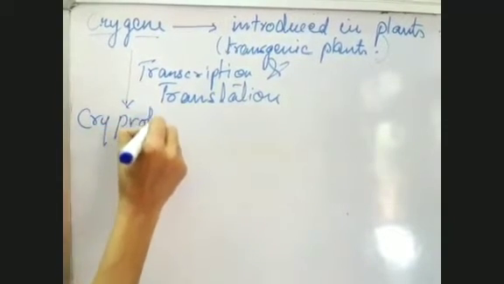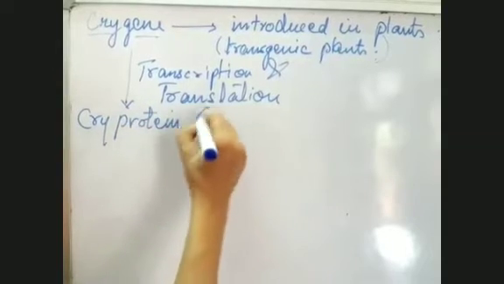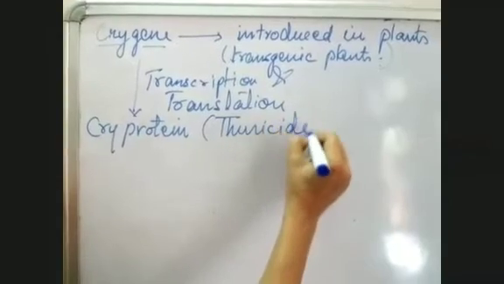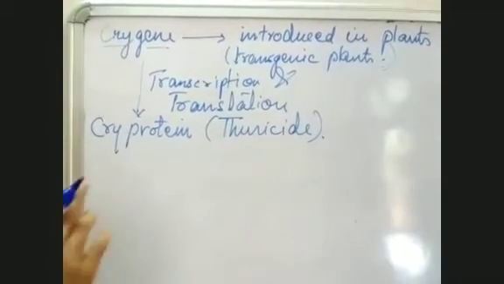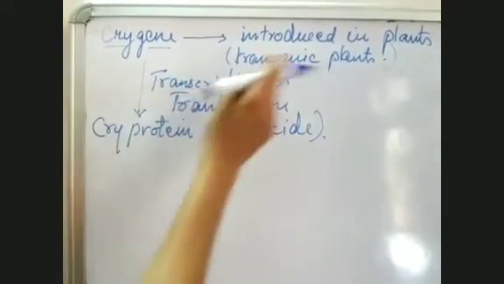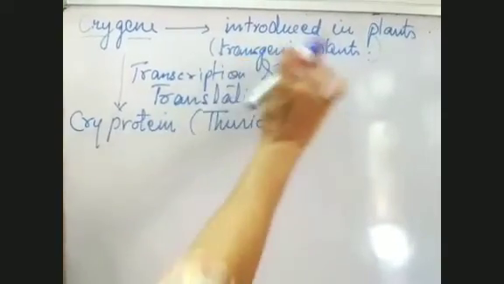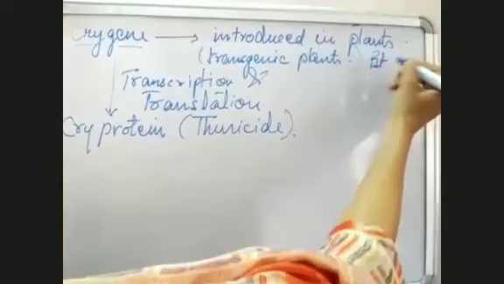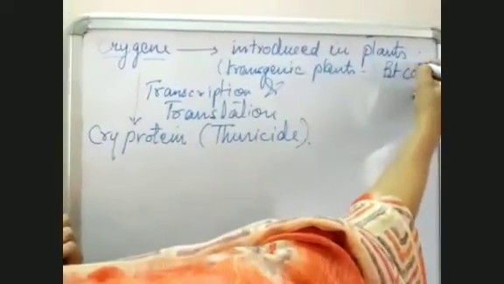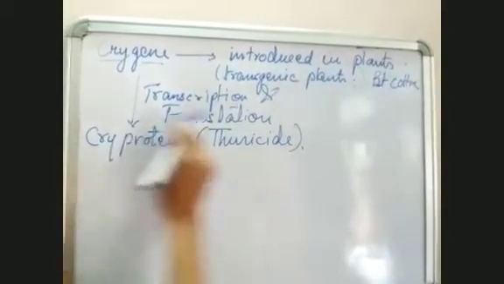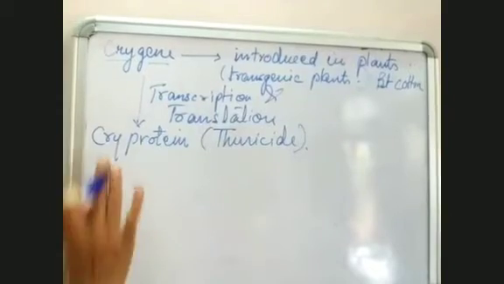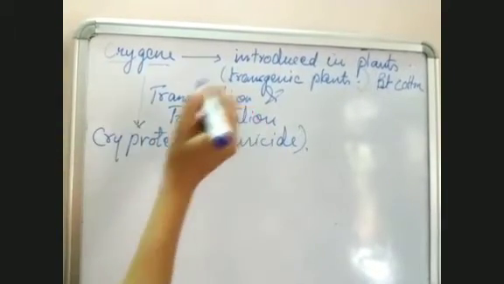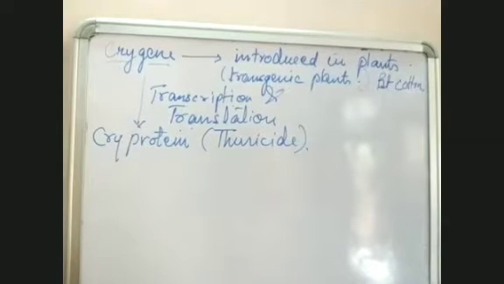Here the protein is thuricide, which is toxic to the insects. Suppose we take a cotton plant, so it will be a BT cotton plant. In them the gene has been introduced, and it undergoes transcription and forms the cry protein.